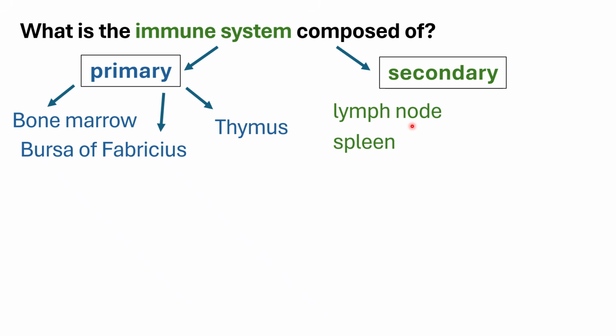For the blood filtration or checking, that is the specialty of the spleen. And of course, we have our diffuse type of secondary filtration area, which means it doesn't have a capsule, and it's just distributed throughout the areas of the body which have a very high chance of contact with the outside world.